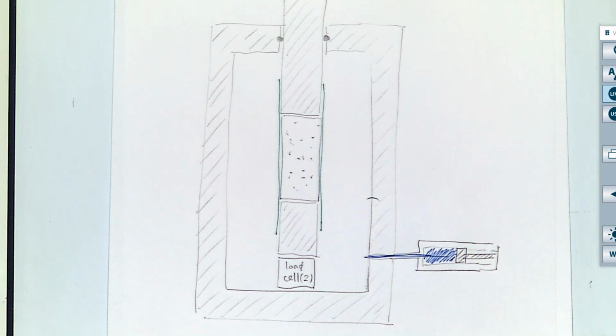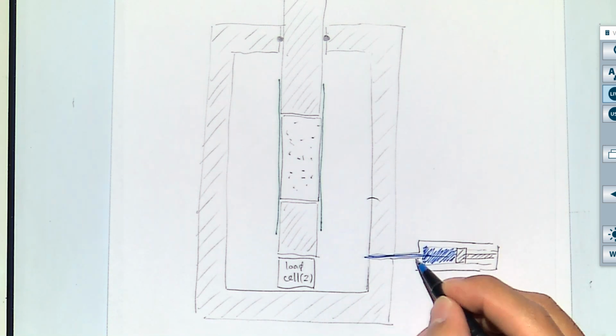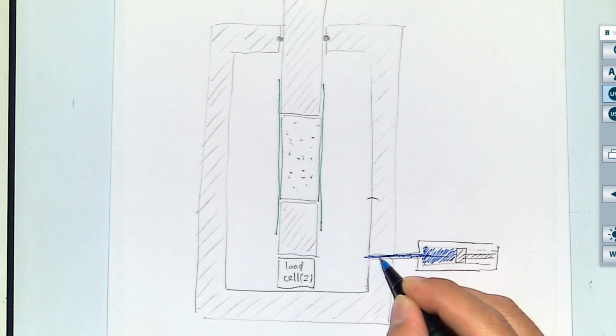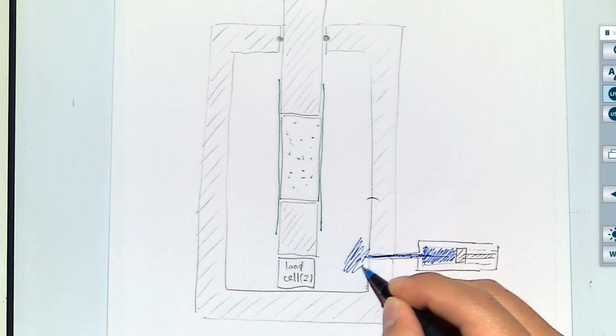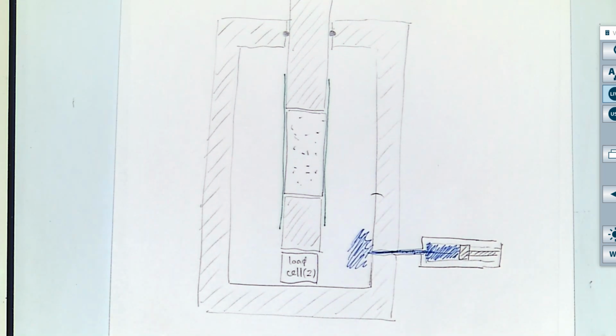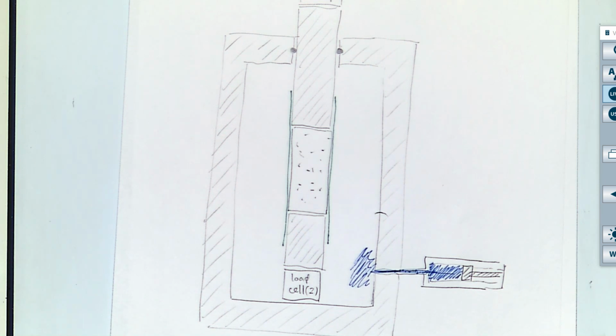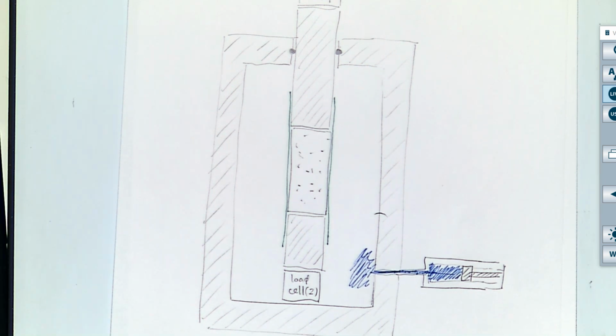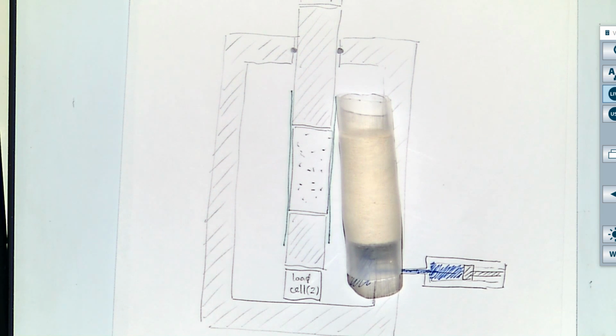So the fluid gets in, we push it with a syringe, and we push it all inside this confining vessel. So the membrane looks like this.